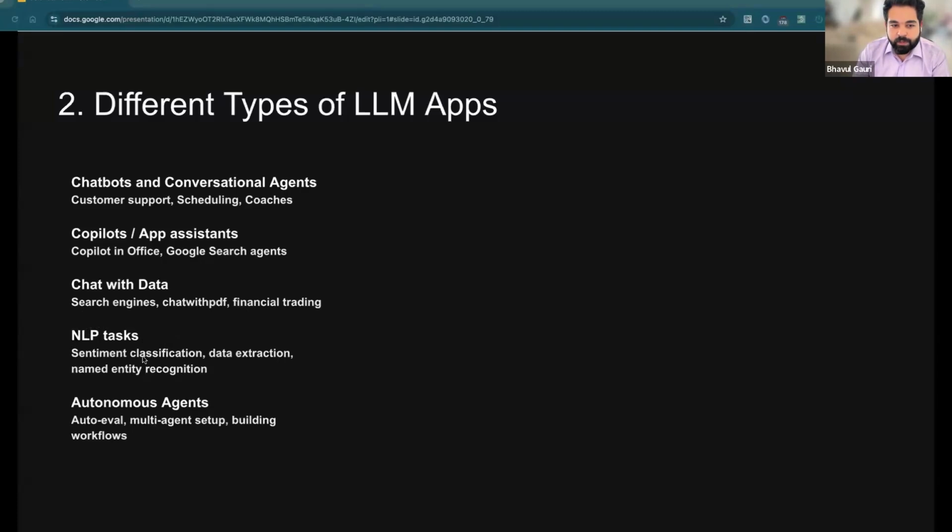Most of the times, this is where you're going to get the most gains, and this is something you can directly apply. Most business problems would deal with sentiment classification, named entity recognition, data extraction, where you're converting from unstructured to structured data. And all of these cases essentially are classical NLP tasks.